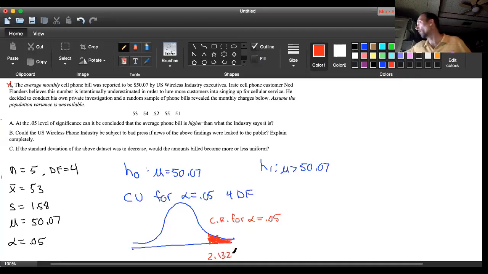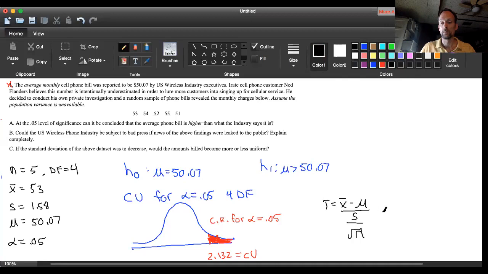Let me make sure that's correct on my chart. Yeah, 2.132 is our critical value. And now we're going to launch our t calculation. So pause the video just a minute, get some practice calculating out that t formula, and let's see what we get.